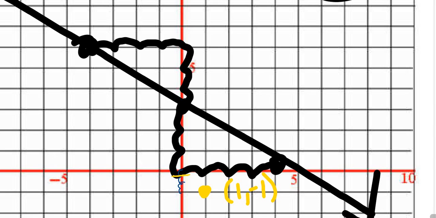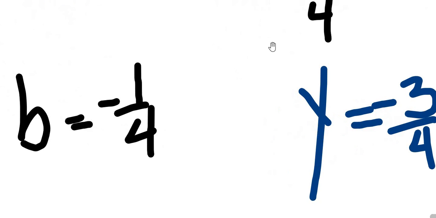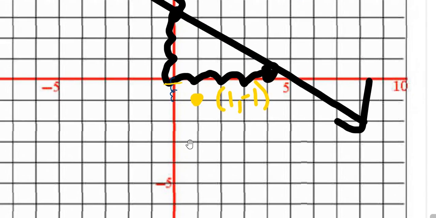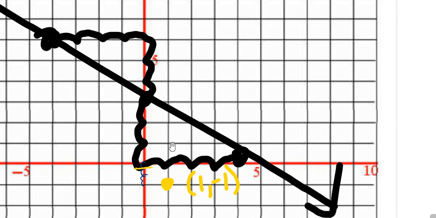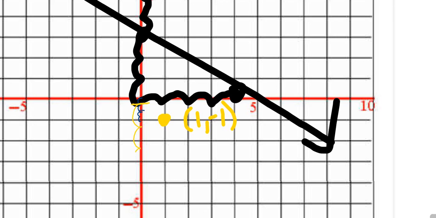And then we are counting a slope of -3/4. So from right here, -3/4. That is going to be down 3/4. So right here, that 1/4 to 1/4, that's 1, 2, 3.